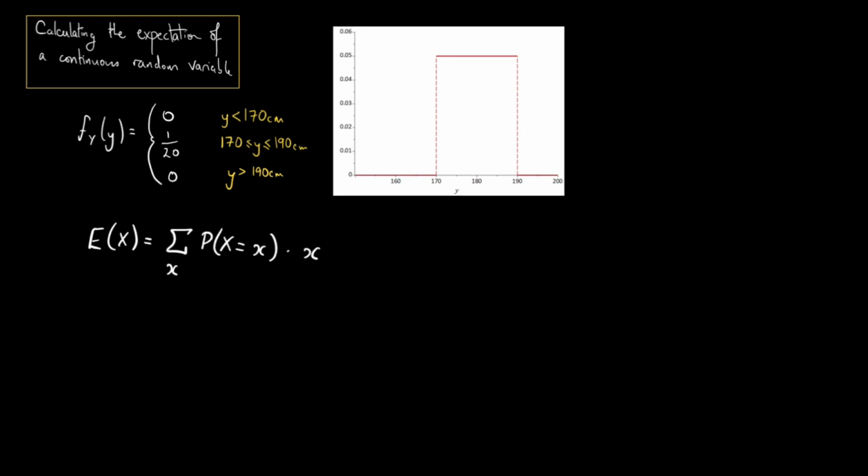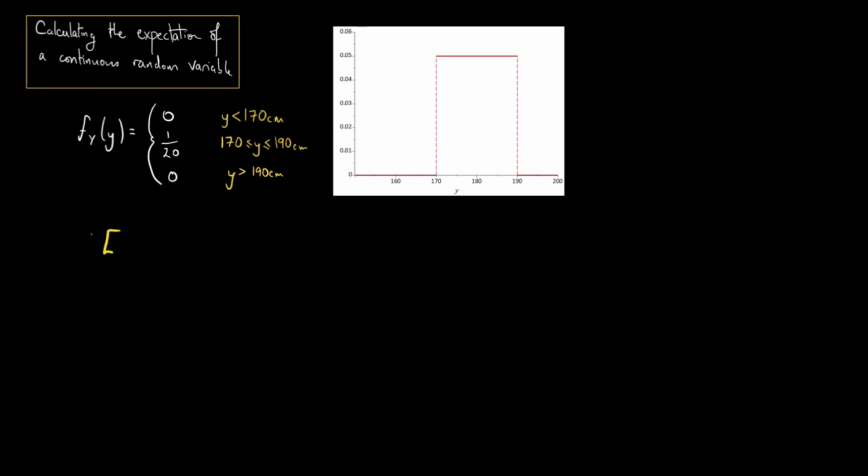But this is not a discrete random variable, this is a continuous random variable, and so we can't write down the probability of any given outcome, because the probability of any given outcome is just going to be equal to 0. But we do know our probability density function and all of the possible outcomes. Now, when we've got a continuous random variable, rather than adding up those products, we're going to need to use a continuous equivalent, which is to integrate the product of the probability density function with the outcomes.